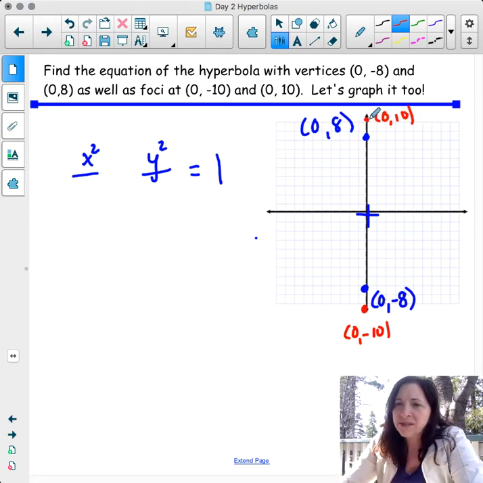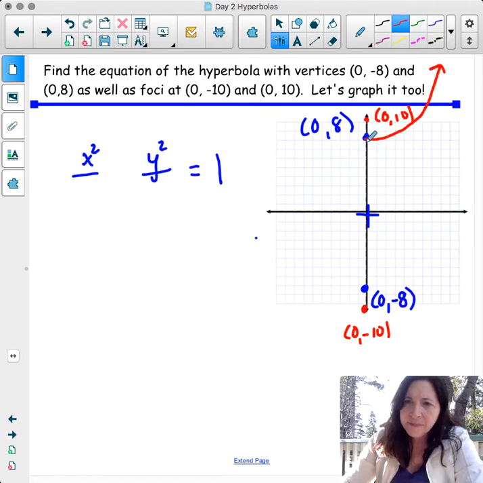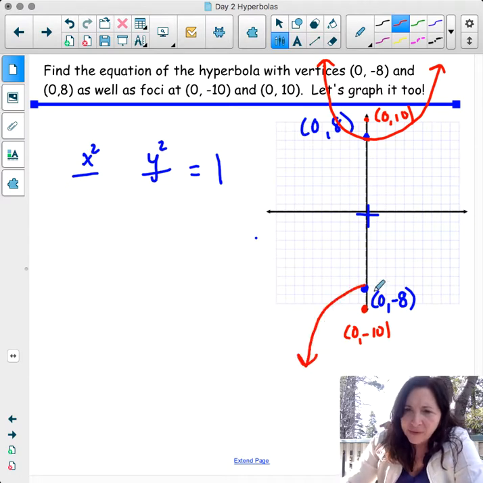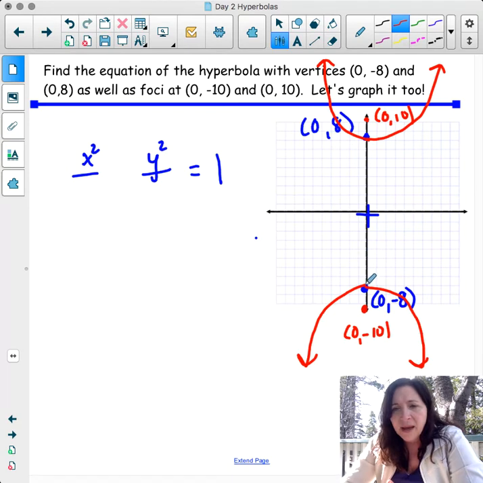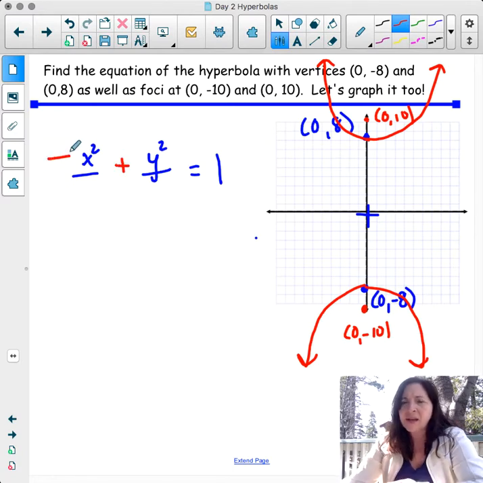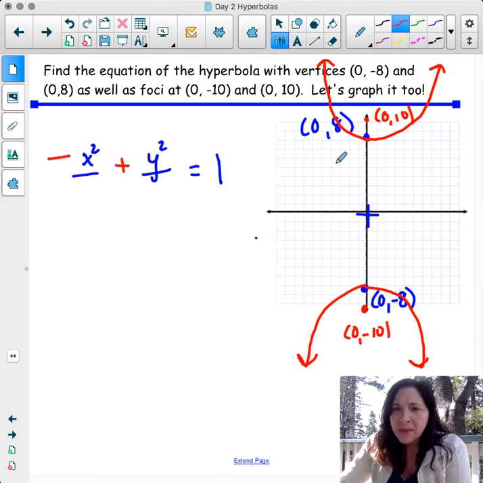That means my hyperbola is always going to cup my focal points. So it has to look something like this, which means my hyperbola is on the y-axis, so the y term is my positive term, and the x term is going to be negative.